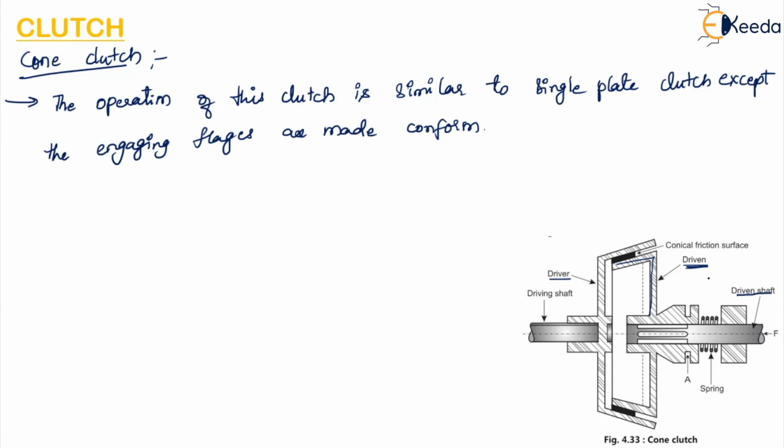So this is the driven shaft. This driven member is resting on a feather key on the driven shaft, so it can be shifted along the shaft by a forked lever A. So for bringing the frictional surfaces in contact, you can move this driven member in this direction with the help of this lever A. Here you can see this is the conical frictional surface.